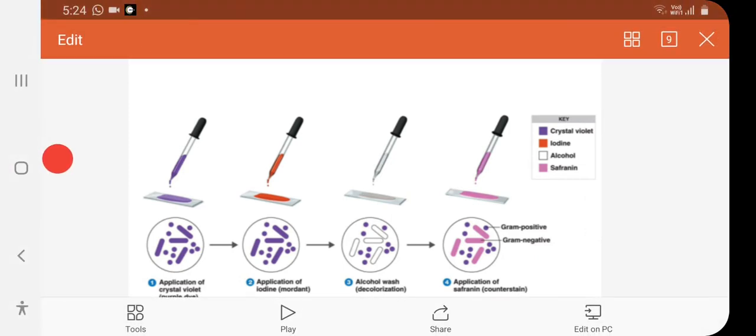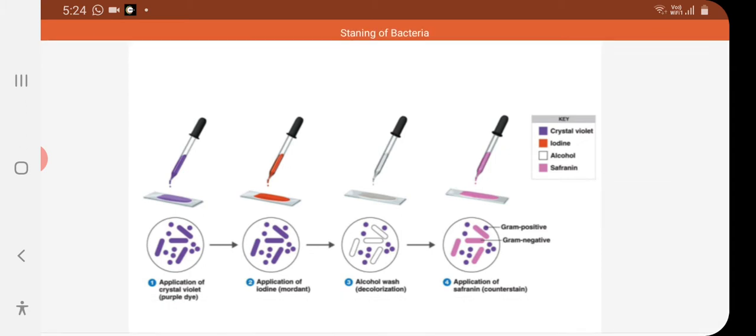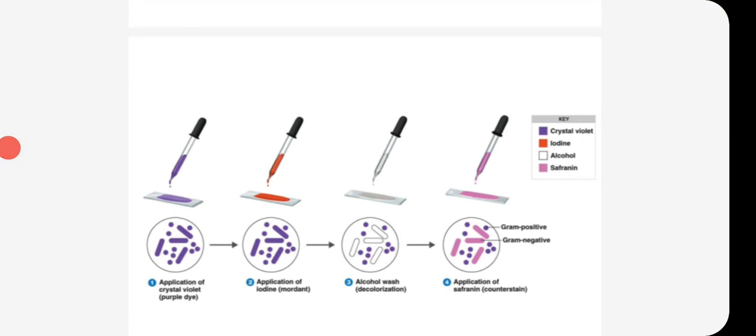And at the end of the staining process we treat the bacteria with 95% alcohol or acetone. At the end of this process some bacteria retain the bluish purple color, and some bacteria appear pink in color.